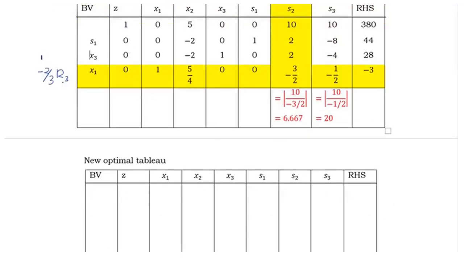The ERO for row 2 is R2 minus 2R3, and R1 minus 2R3 is the ERO for row 1. The ERO for row 0 is R0 minus 10R3.